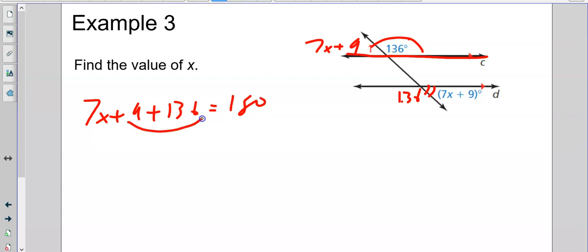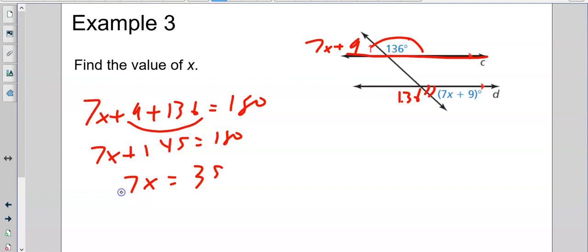So once again, I'm going to combine my like terms. I'm not subtracting 9 twice. I get 7x plus 145 equals 180. I'm going to subtract 145. That gives me 35. And then when I divide by 7, I'm going to get x is 5.